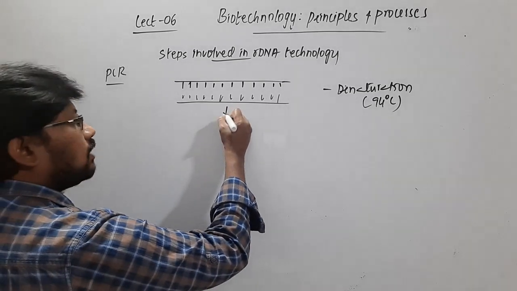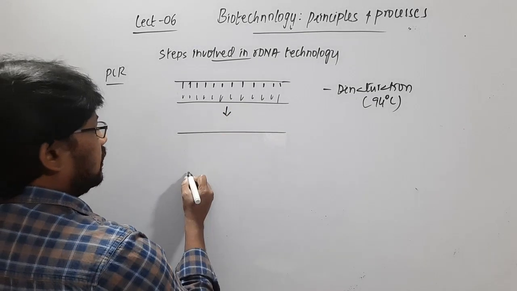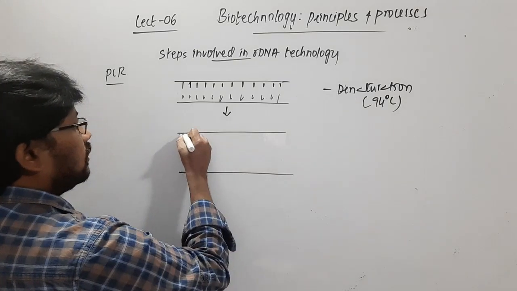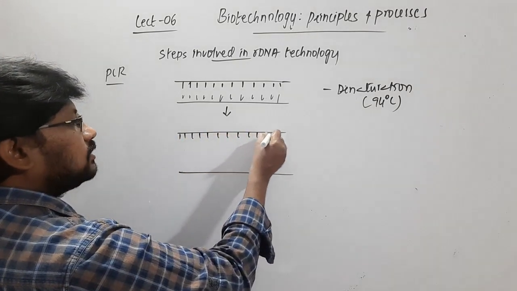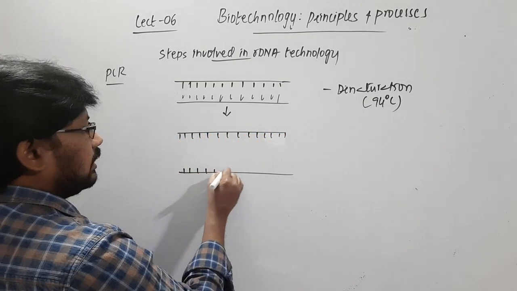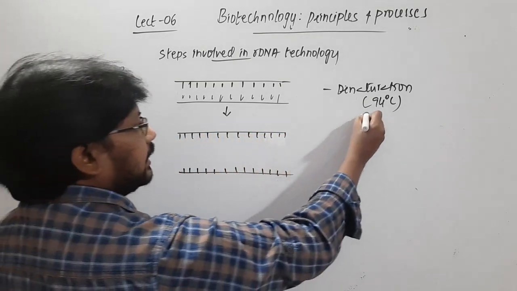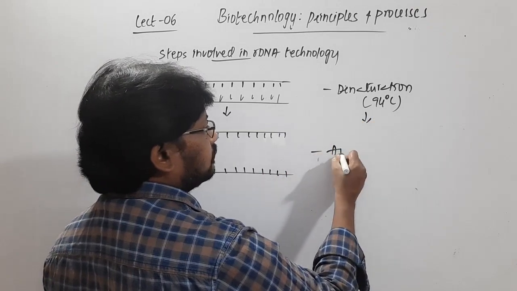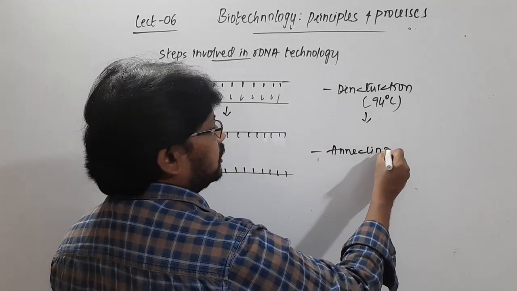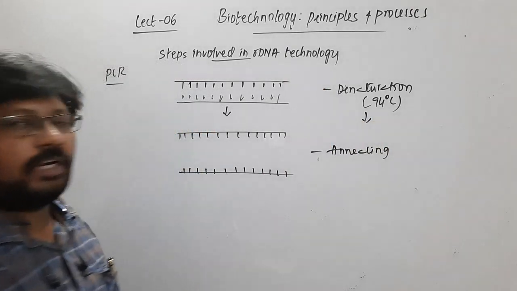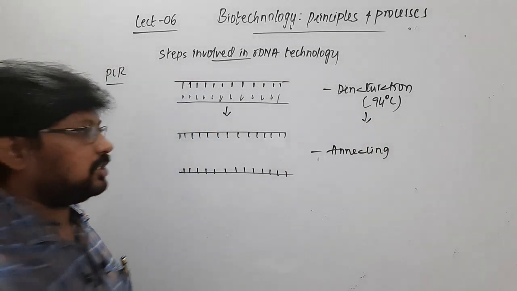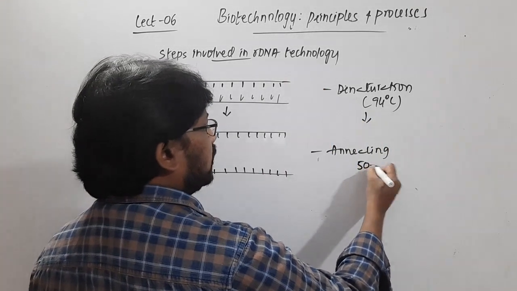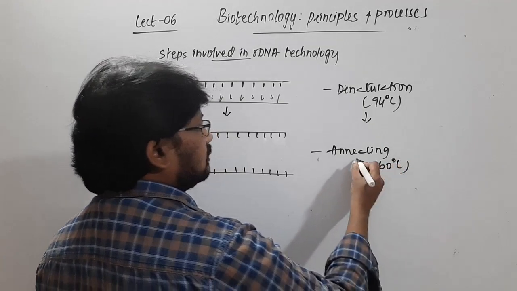So now in the next step, once these two strands get separated, the next step will be annealing. Now the thermocycler will automatically reduce the temperature to say 50 to 60 degrees Celsius.